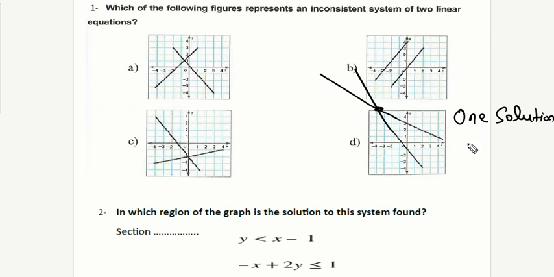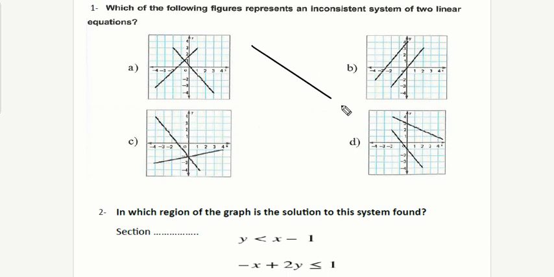If you have a solution, the system is consistent, right? Now, if the system is consistent, then it will be dependent or independent? This one is independent. If you have one solution, it is consistent, independent.